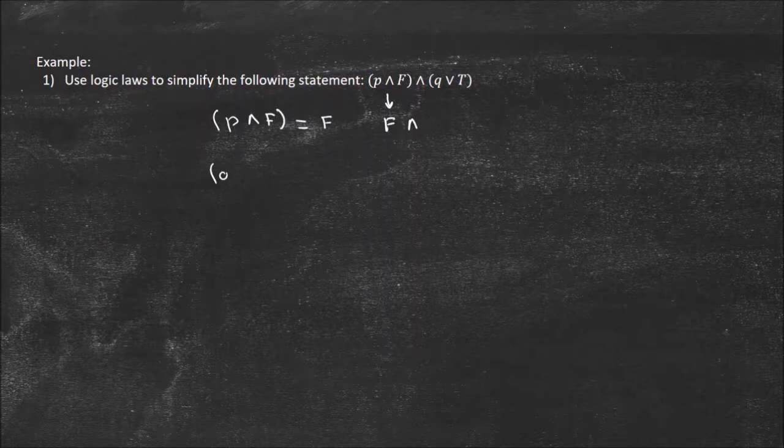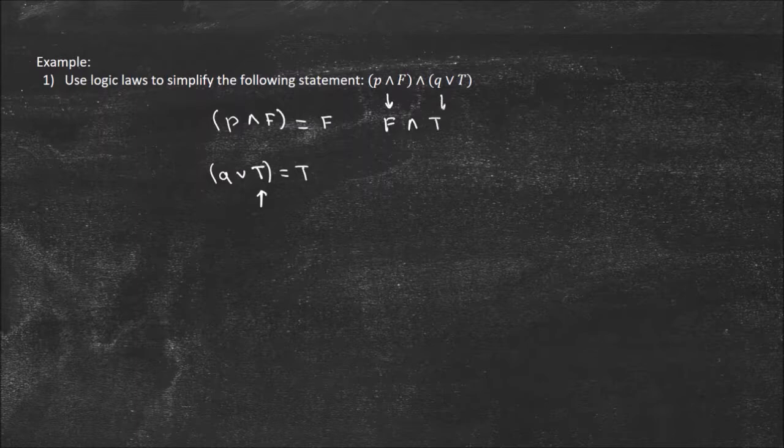So I'm going to try to simplify Q or T, see if I can. Remember, this is saying as long as one of these two is true, this will return a value of true. And if I have the tautology here, the T value, that's always true. So this is also domination, because T is always going to be true, and that's going to make Q or T always true.